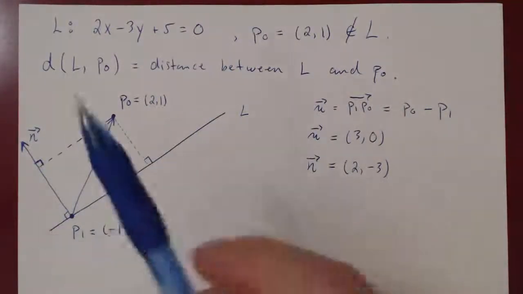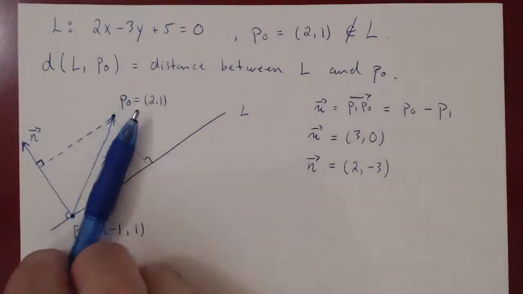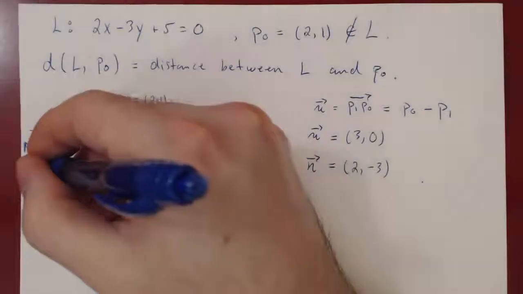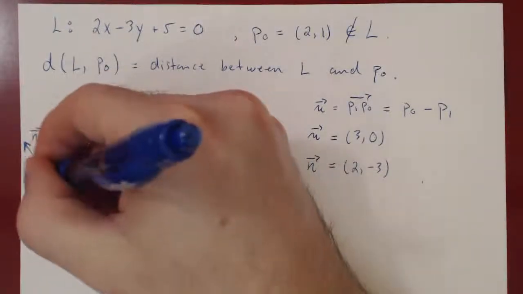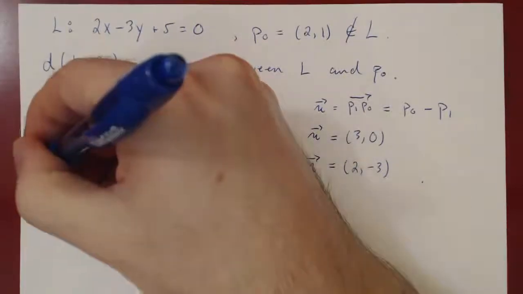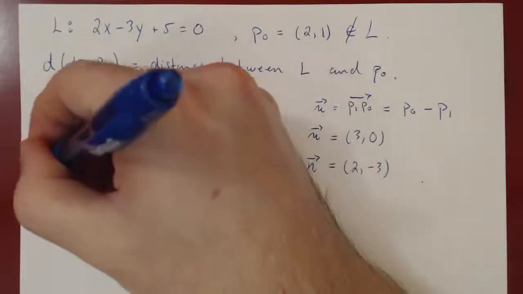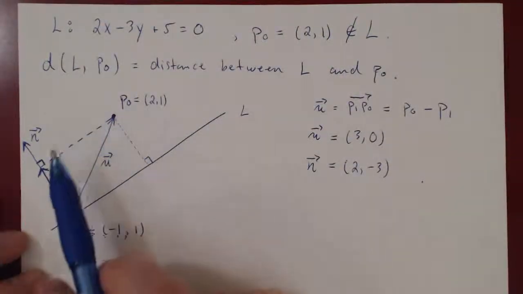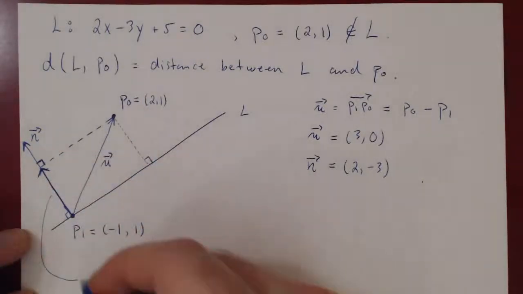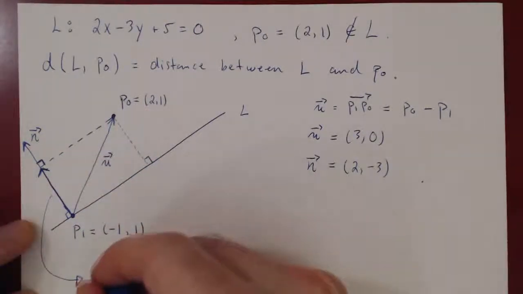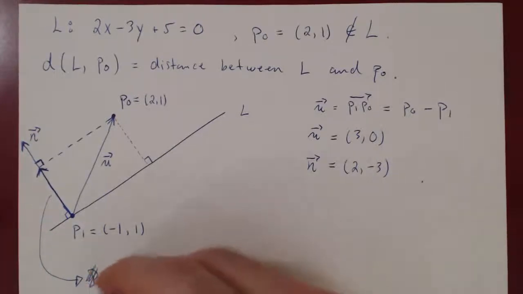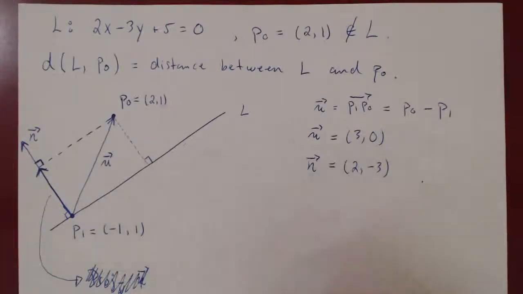But what is this segment? It is the projection of vector u onto vector n. So the vector right here is the orthogonal projection of u onto vector n. So projection of vector u onto vector, not v, but vector n.